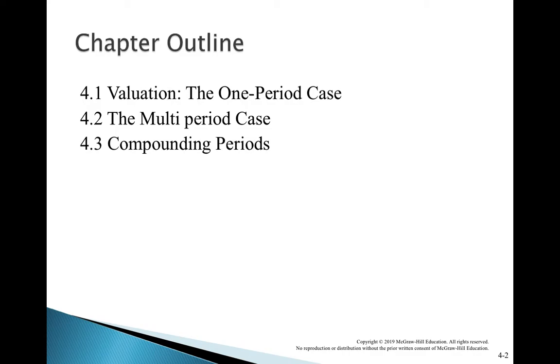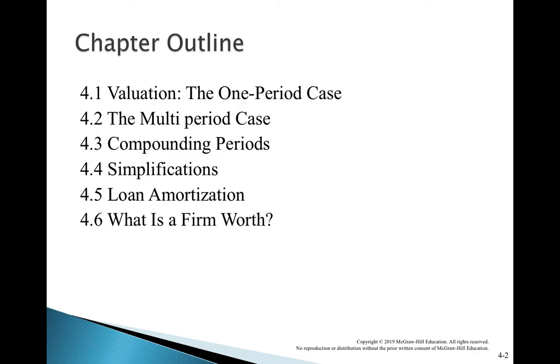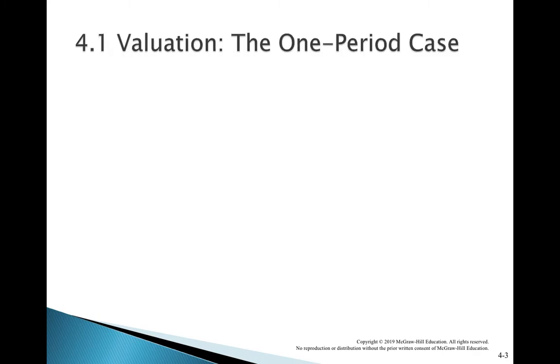Compounding periods: we will try to know how compounding happens. Simplifications, loan amortization, and what a firm is worth. Let us start with 4.1 valuation with the one period case.